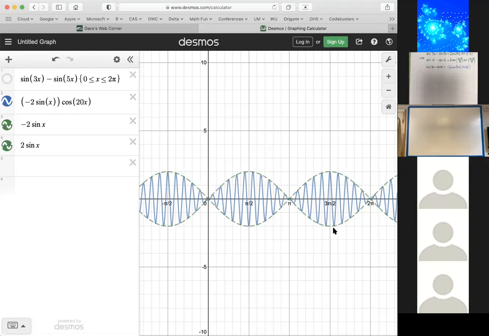The radio signal codes information sent to your radio. The broadcast signal modulates the amplitude of the sound wave. And that's what you see right here. You see the amplitude being modulated.